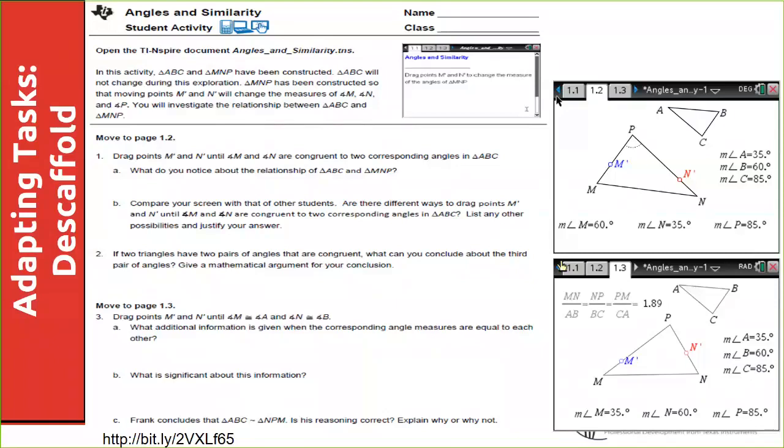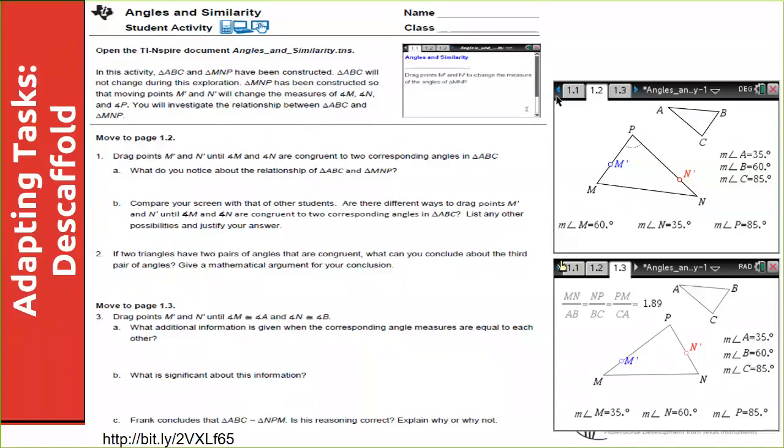So it is a caution that needs to be dealt with before you get to 1.3, which is why the page 1.2 questions have been descaffolded to what I put here. The other part is that I thought part C, in that when Frank concludes that the two triangles are similar, is the reasoning correct?